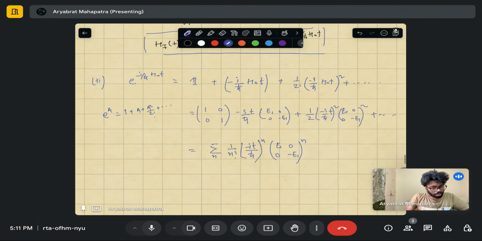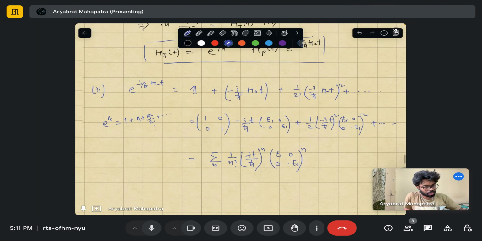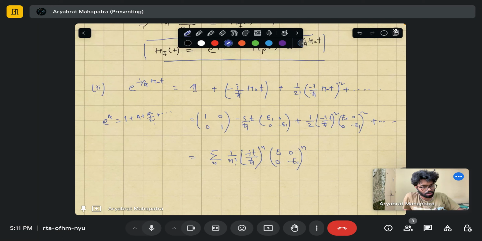You should know that when you have a diagonal matrix and you power it up, you simply power the diagonal entries. So if I have a matrix 1, 0, 0, 2, then its square is simply 1, 0, 0, 4.